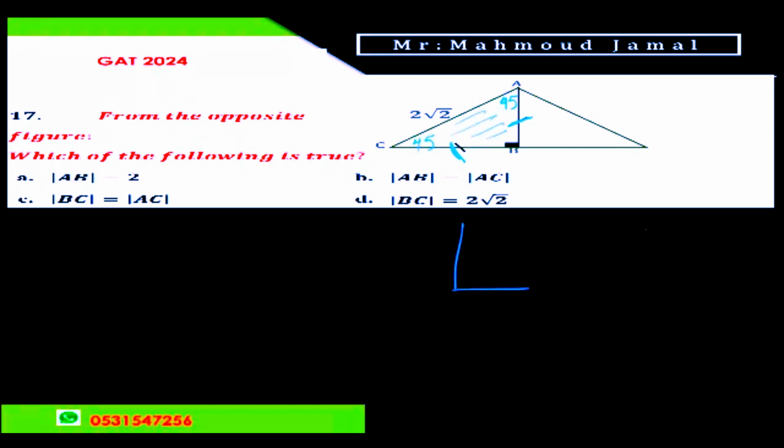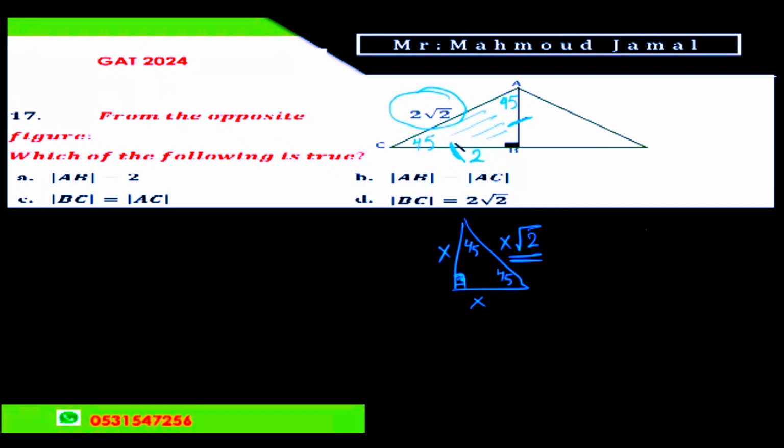In our basics we explained, if we have a right angle and this is 45 and this is 45, and the side is x, the hypotenuse will be x root 2. This is x and this is x, this has to be x root 2. So this one is 2 root 2, meaning the side times root 2. So the side lengths here have to be 2.